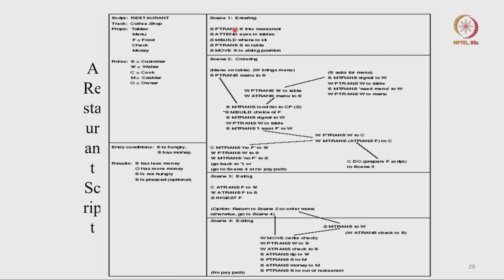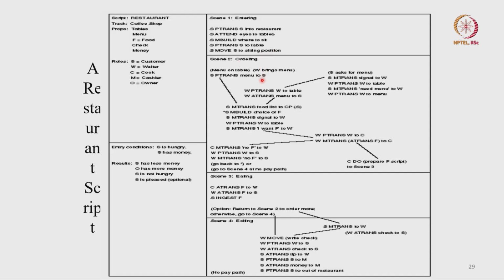And each of them contains sentences in conceptual dependency. So, basically he goes into the restaurant and then he looks around and then he thinks where to sit, and then he moves to one table and he goes down to a sitting position.